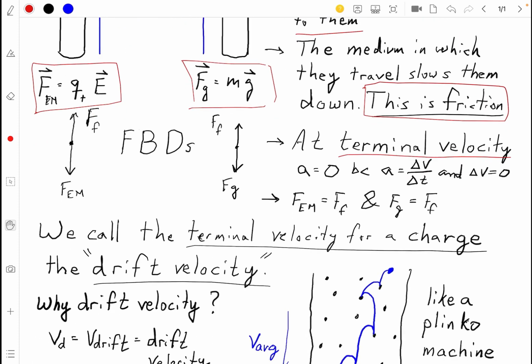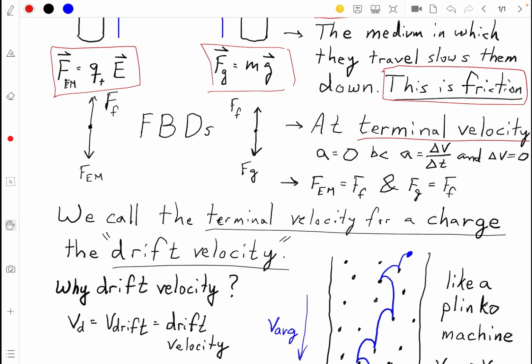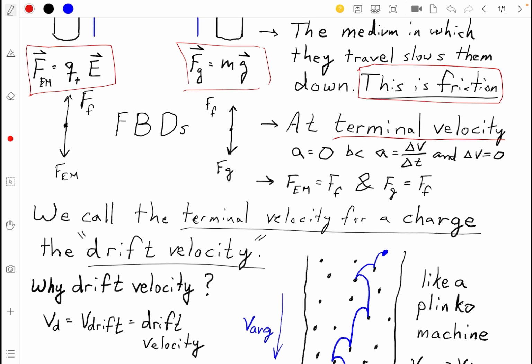In oil, a ball bearing will quickly get to terminal velocity, and once it gets to that terminal velocity, then it will stay there until some other force acts upon it. So what does that mean? Well, if it's at terminal velocity, then delta V is equal to 0.